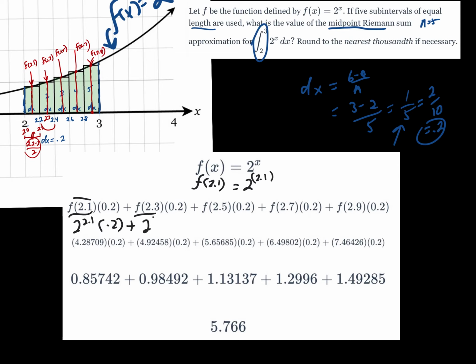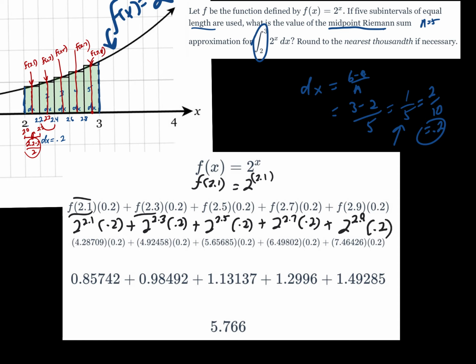This would be 2 raised to the 2.3 times the dx. This is 2 raised to the 2.5 times the dx. 2 raised to the 2.7 times dx. Not dx, 0.2.